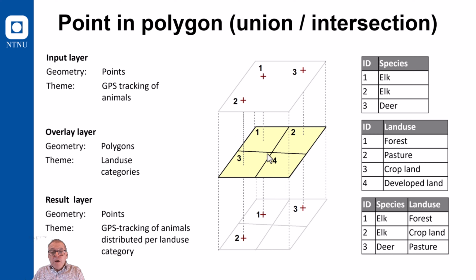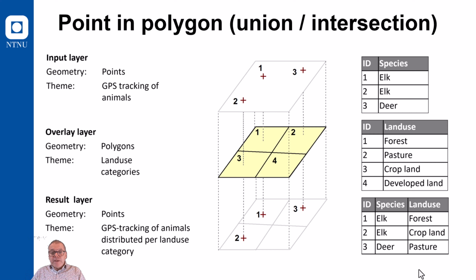So there is no result from the developed land, the 4th polygon here, because there was no animal inside the area of polygon 4. But there are land use categories attached to points 1, 2, 3 as a new attribute, or a new column in the attribute table.